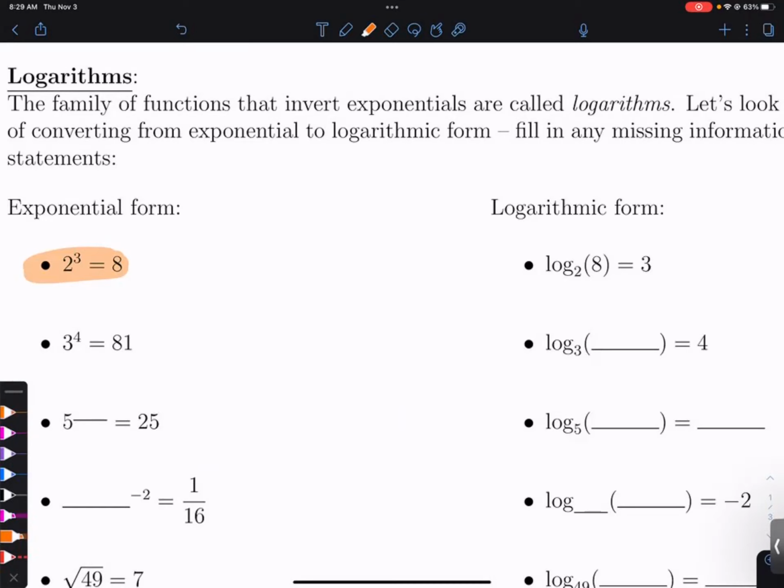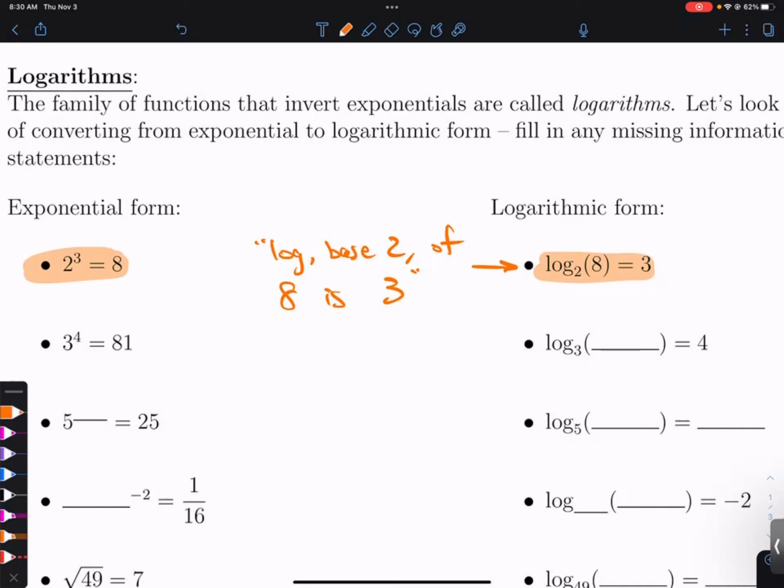The way that you express that same idea as a logarithm is this: the log base 2 of 8 is 3. Or the base 2 log or whatever. The subscript here, a little 2 hanging out in the middle of the line there.